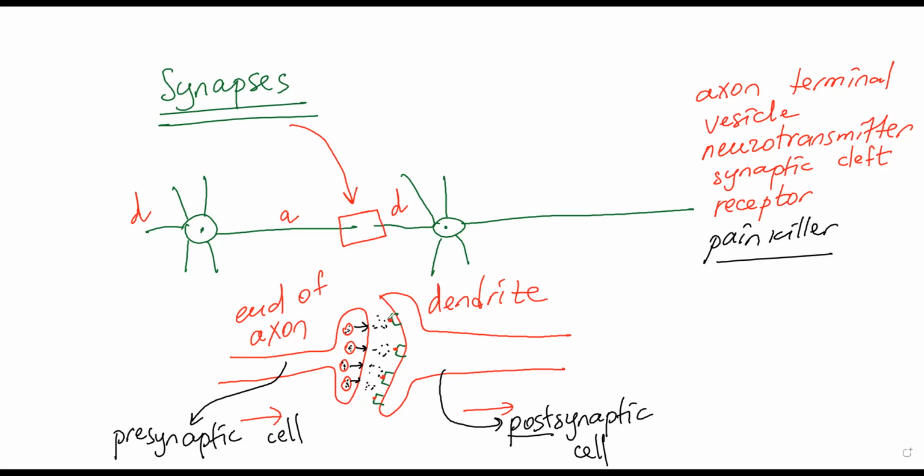Morphine as a painkiller attaches to the receptor. By attaching to the receptor, guys, it makes a barrier between the neurotransmitter and the receptor. So the neurotransmitter can't bind to the receptor. As a result, the impulse is not delivered to the brain. This pain impulse is not going to the brain, and the brain thinks that everything now is okay. So this is an example of how painkillers work.